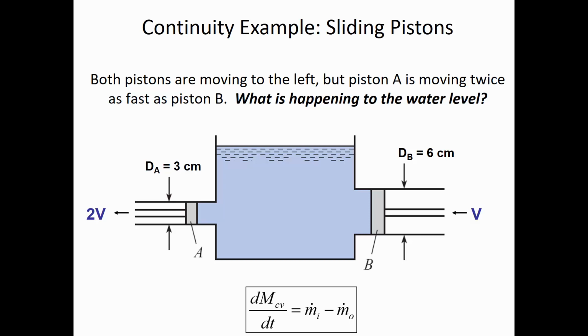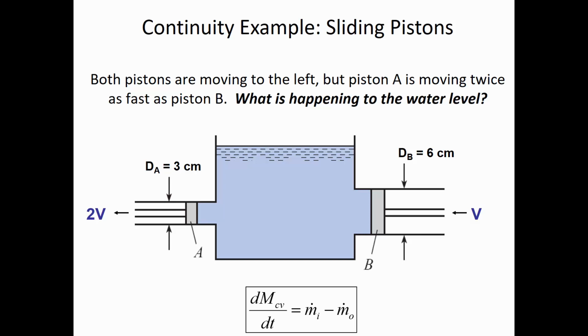And then we're going to have some area and some velocity. We can have the velocity just be the variable v. So what is the area at A versus the area at B? The area at A is pi d squared, where the diameter is 3 centimeters, squared, divided by 4, whereas the area at B is pi d squared, where d is 6 centimeters, divided by 4.